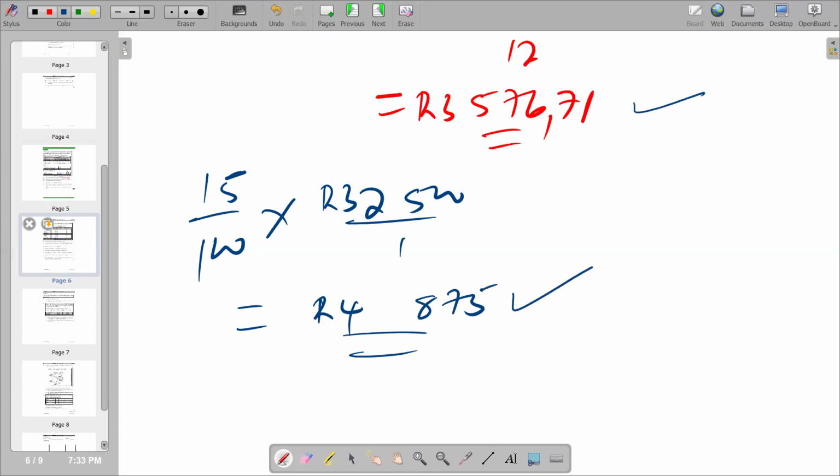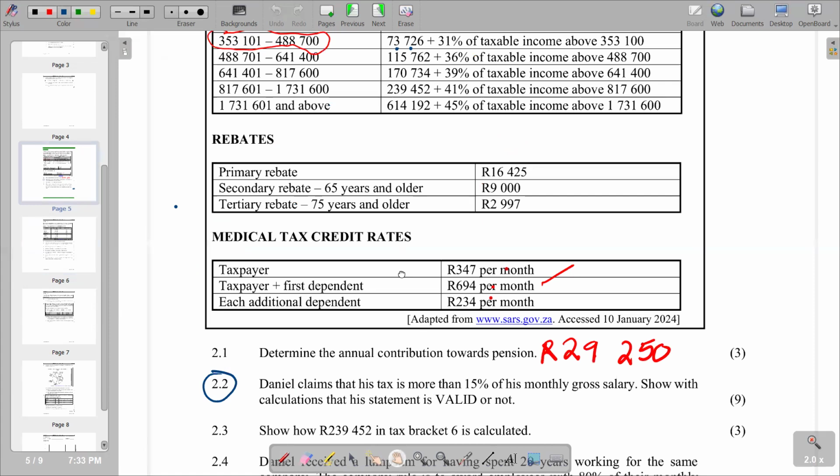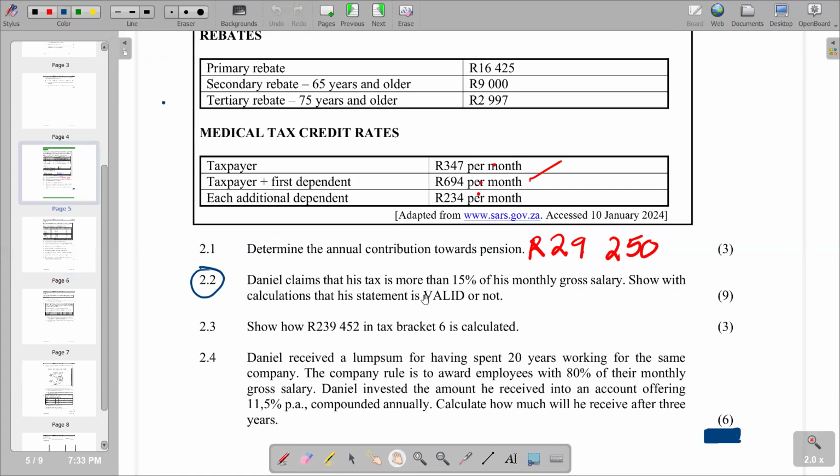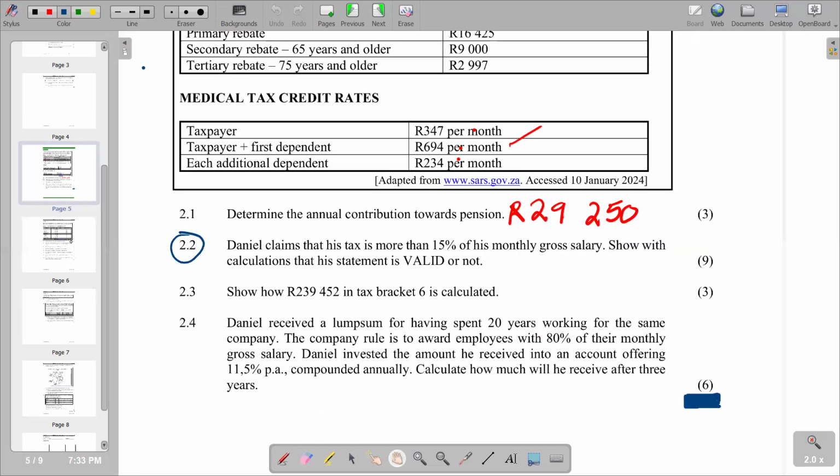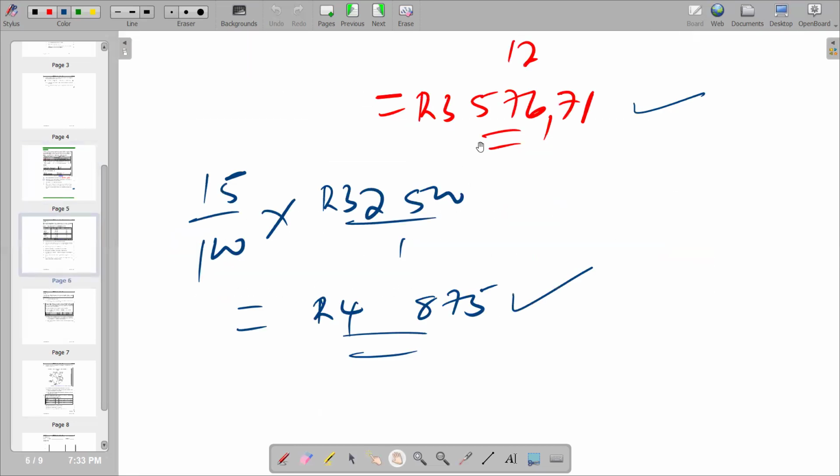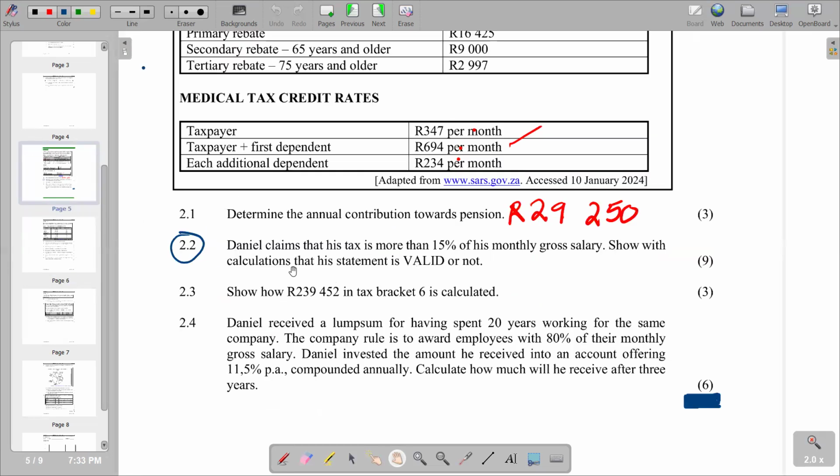So we go back again to the question and try to comprehend exactly what the question is saying. Daniel claims that his tax is more than 15% of his monthly gross salary. So if you go there, you see that his tax is 3,576 rand 71 cents, and it's not more than. So it means the statement is not correct. Now the question is saying, show with calculation that the statement is valid or not.